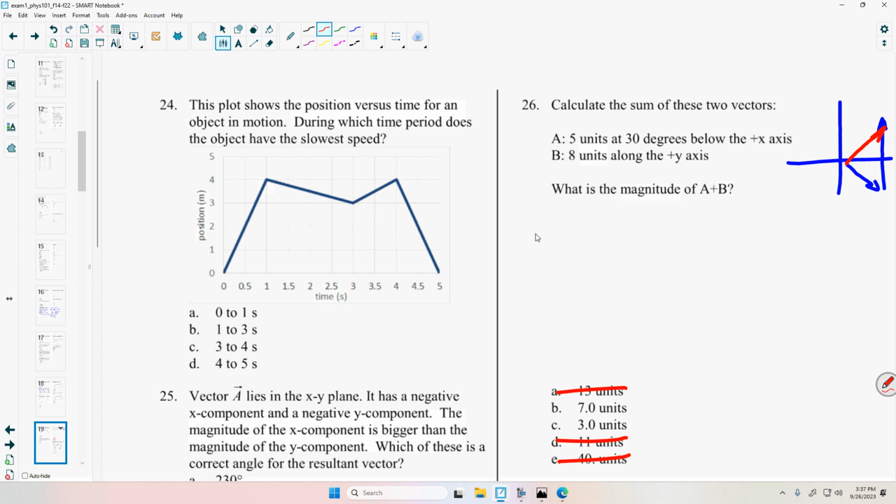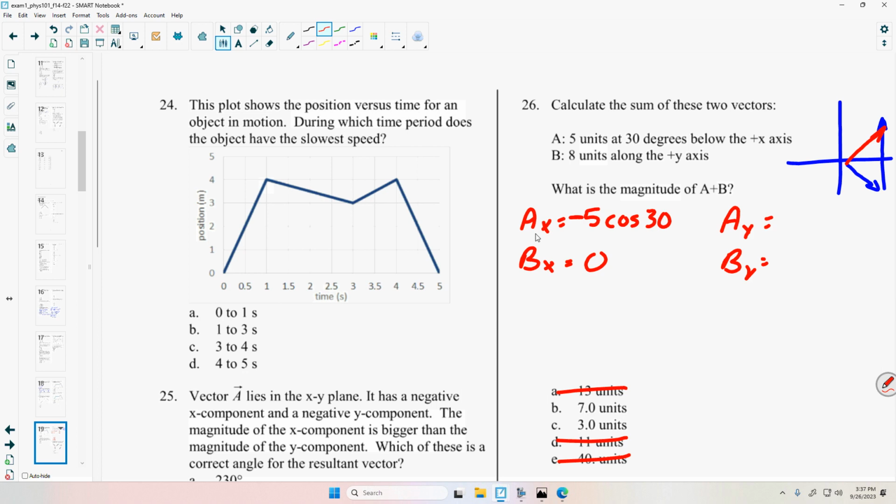So first, AX, BX, AY, BY. AX is 5 cosine 30. BX is 0. I made a mistake. What's my mistake? You'll see it. AX should be negative, right?